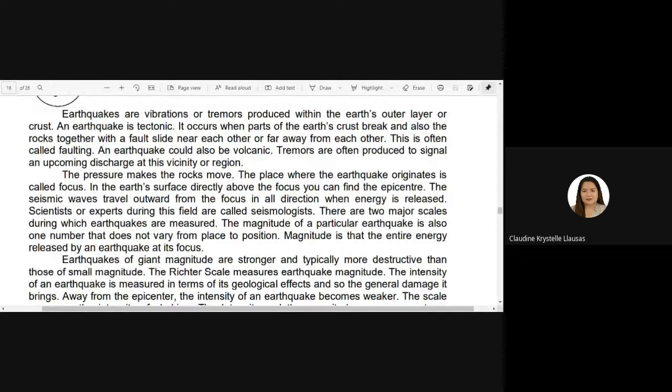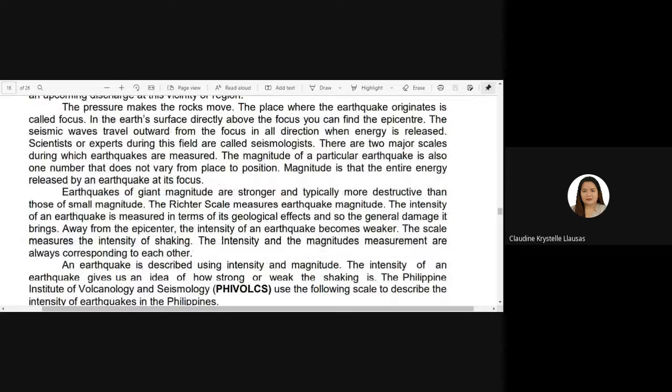So, the magnitude of a particular earthquake is one number that does not vary from place to place. When we say magnitude, it is the entire energy released by an earthquake at its focus. So, earthquakes of larger magnitude are stronger and typically more destructive than those of smaller magnitude.